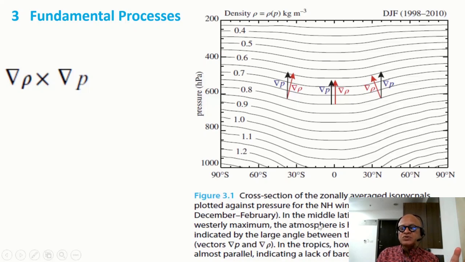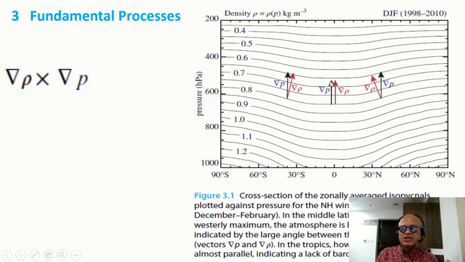In the mid-latitudes, in the vicinity of the westerly maximum, the atmosphere is highly baroclinic, so the angle between the gradient of pressure and the gradient of density is high. Whereas when you come into the tropics, obviously they are parallel to each other, which means grad P cross grad rho is 0, which is the definition of a barotropic system. So density in this case is just a function of pressure.